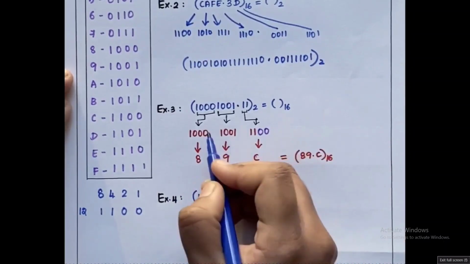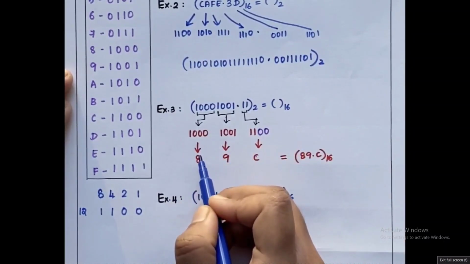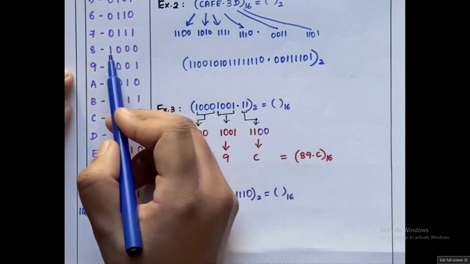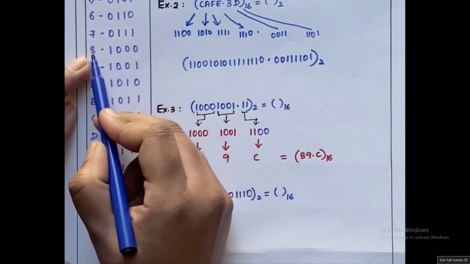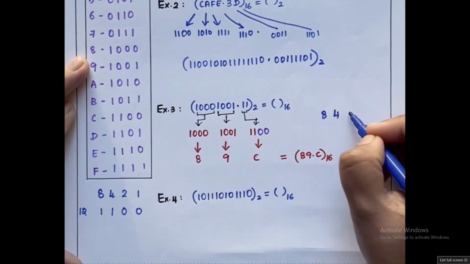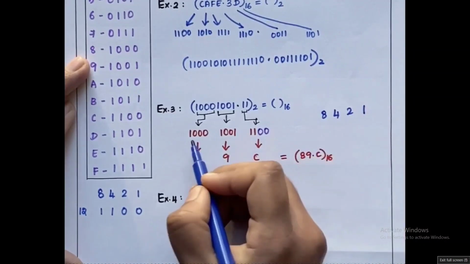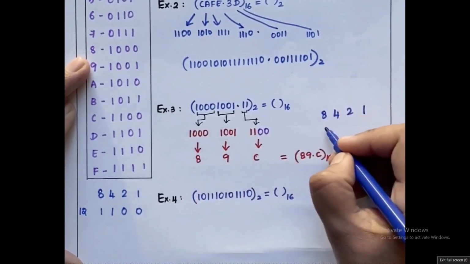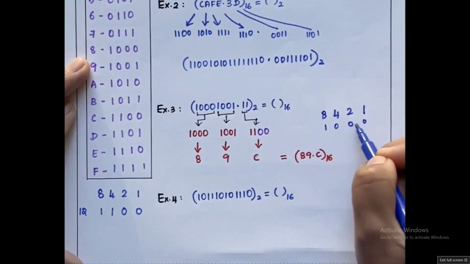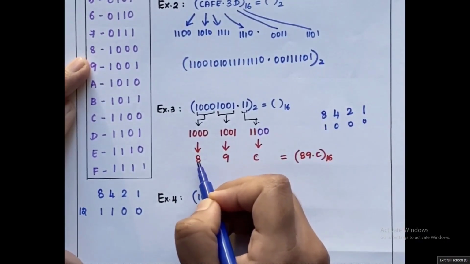Now the equivalent value for 1000 is 8. Here also we can use the 8421 technique, or we can simply pick the value from the table. For 1000, wherever we have 1, we just add it. We have only one 1, which is 8.